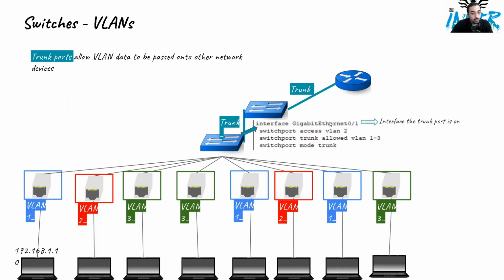At the top, we have the interface the trunk port is assigned to. This is a default VLAN that will be assigned if the port stops being used for the trunk. For example, if this no longer became a trunk port, it would be like, okay, this is now a VLAN 2 port.